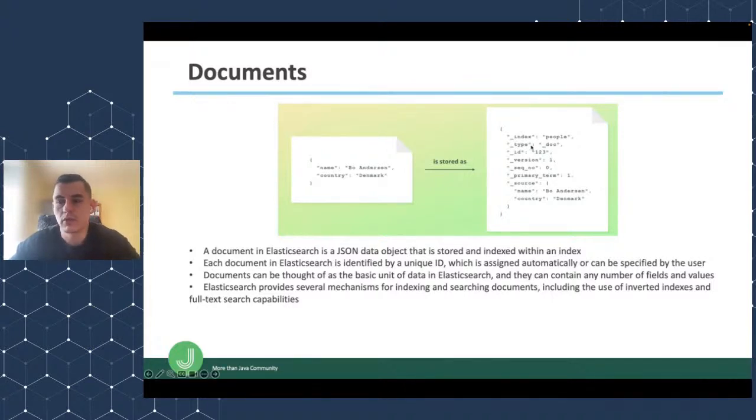As you can see in this example, on the left side we have the JSON documents that we already pushed to Elasticsearch. On the right side, we have the JSON that is stored in Elasticsearch. Elasticsearch itself added some meta information: its index, what index this document belongs to, its type, its ID, versioning, because we can have a couple of versions of our document, sequence number, primary term, and source.